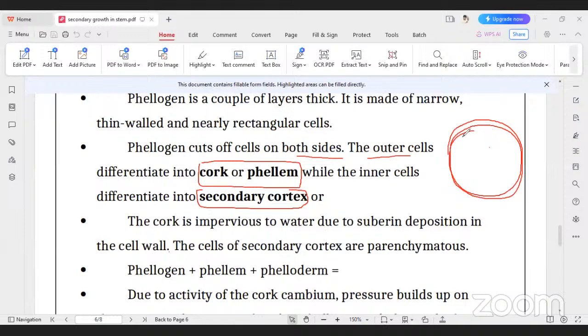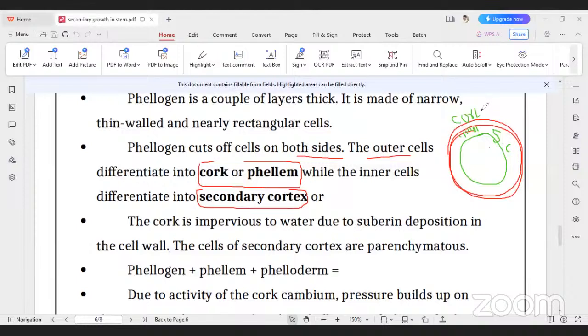Green color here. On the inner side, what is formed? Secondary cortex, that's it. SC, secondary cortex inside, and cork cells outside.